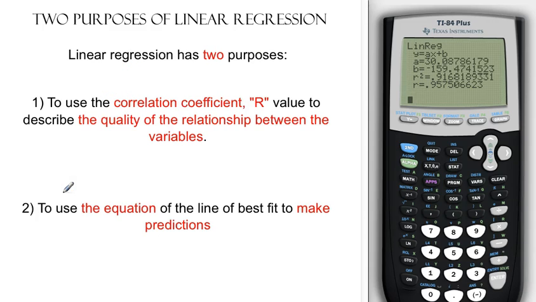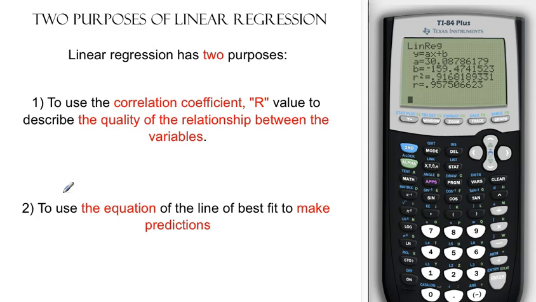So when we do a linear regression, we have two things that we get out of this that are very useful. The first of these two purposes of linear regression is to describe the quality of the relationship between the variables.